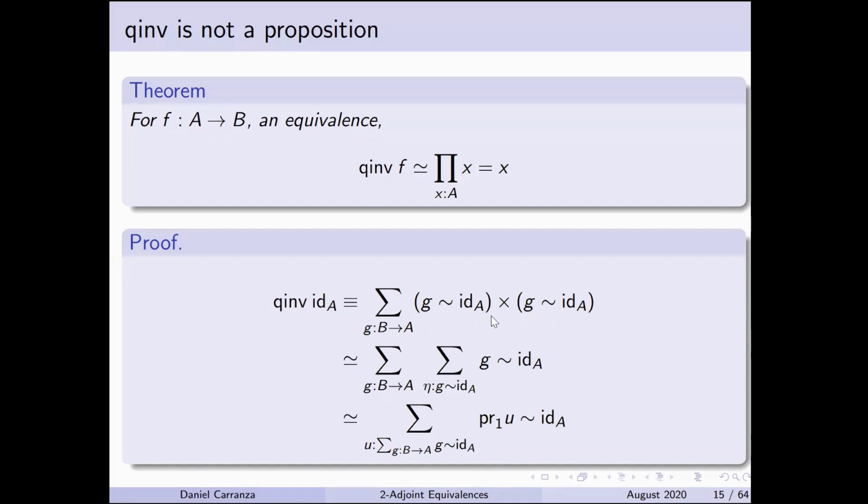And what happens is that we have this leftover homotopy that's going to end up being this type that we're looking for. And this is why it's not a proposition. The reason why I say this proof is different from the proof in the HoTT book is because the HoTT book does not use based homotopy induction. What it does instead is it calls function extensionality directly to turn these homotopies into paths between functions.